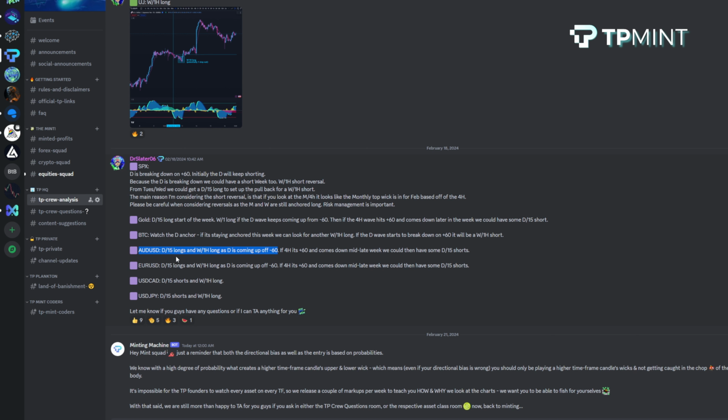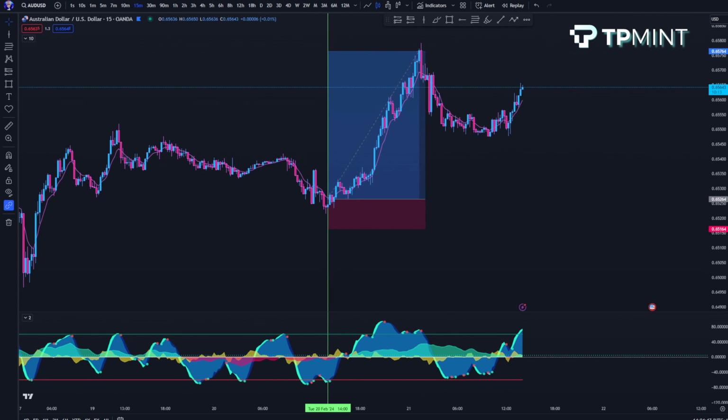So yeah, I just thought it would be an interesting one to break down to show you how one is a continuation and one's a reversal, and how I was looking at that based off of the call on Sunday. So just before I dive in, that is after the trade has occurred. I got in pre-London. London opens at about 7 p.m. here in Australia on the East Coast.